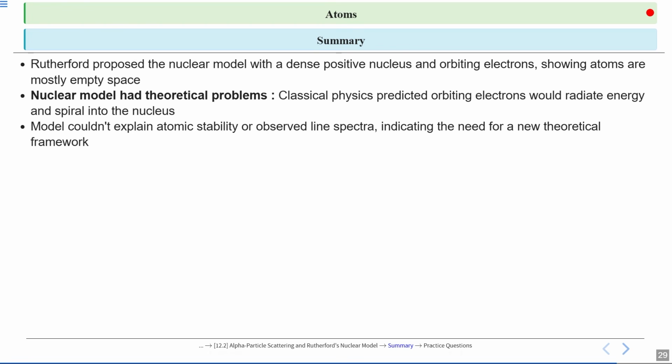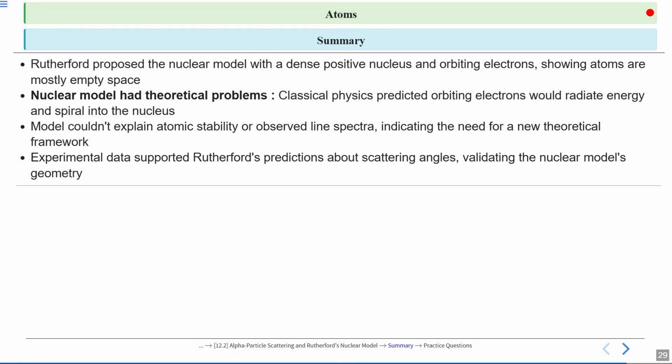Okay, so the nuclear model also couldn't explain why atoms only emit or absorb certain colors of light known as line spectra. If electrons could have any energy, we would see a continuous spectrum, but experiments show only specific lines. This told scientists that a new theory was needed to explain atomic stability and this unique spectra.